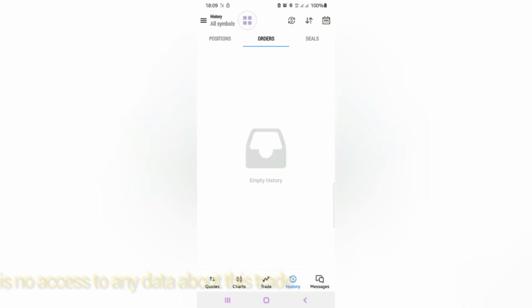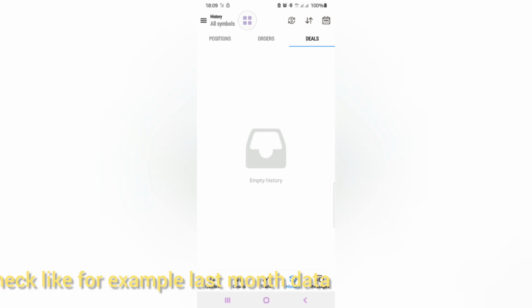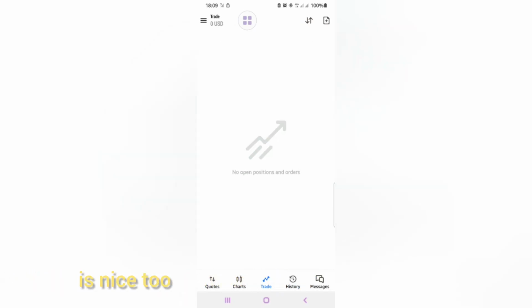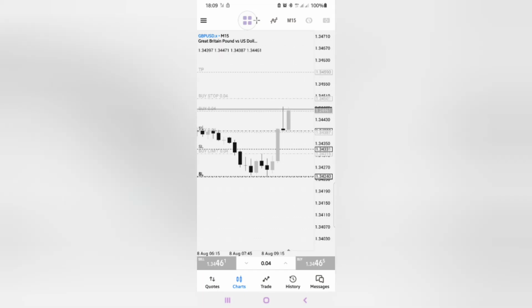There is no access to any data about this trade, about this account. When I check, for example last month, there's no history, meaning that I breached the rules for this 1,000 GoFunded account.